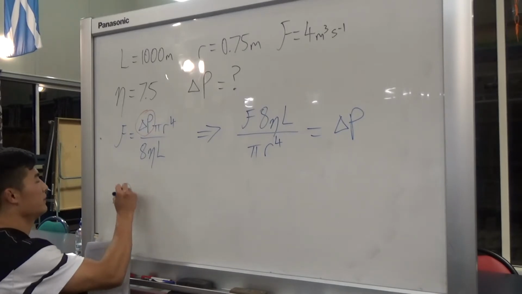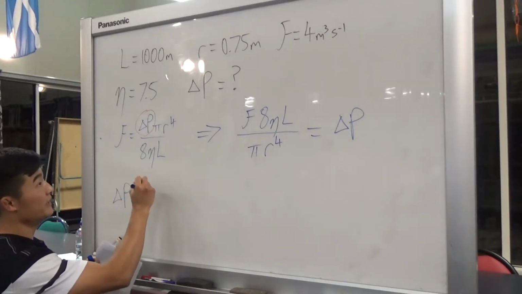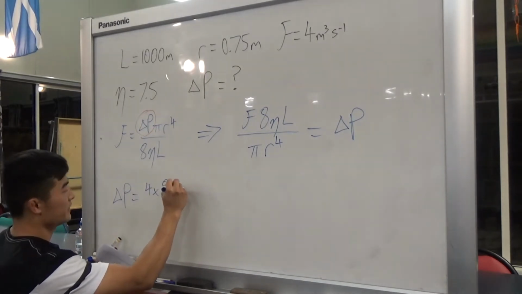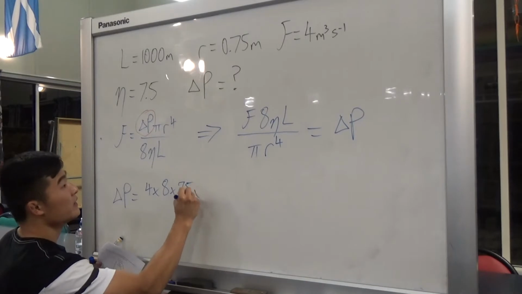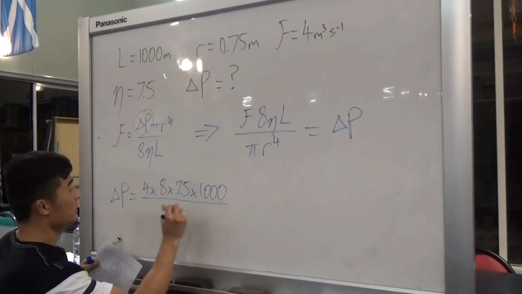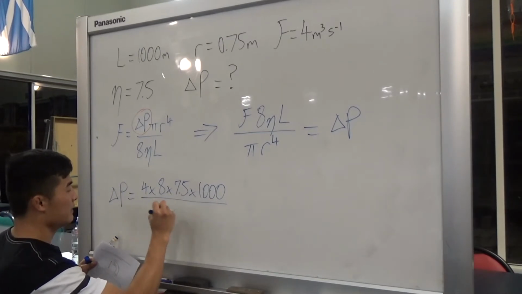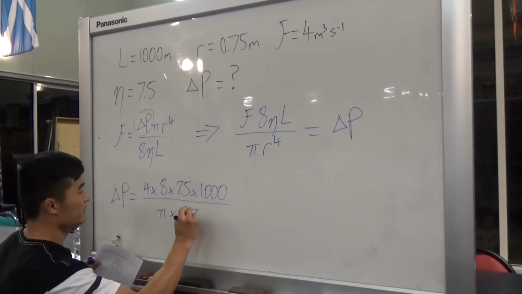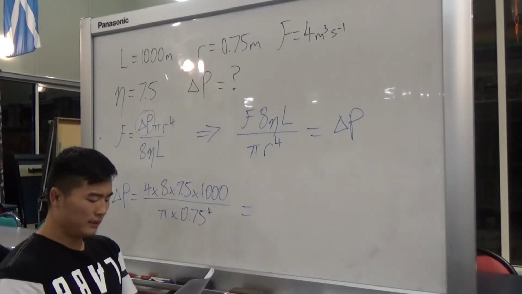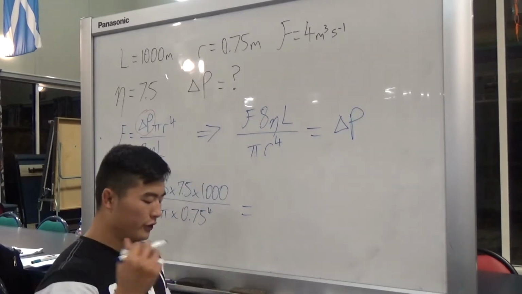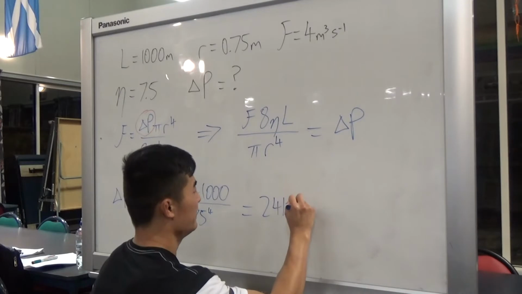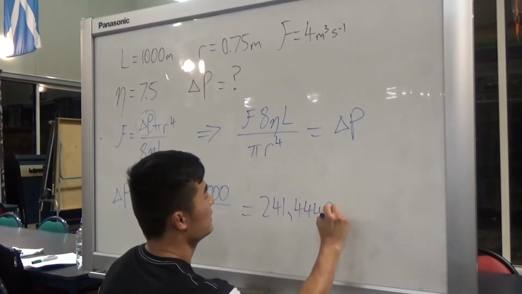So delta P is equal to our flow rate, which is 4, times 8 times viscosity, which is 7.5, times the length, which is 1,000, over pi times our radius, 0.75 to the power of 4, and that's going to equal 241,444 pascals.